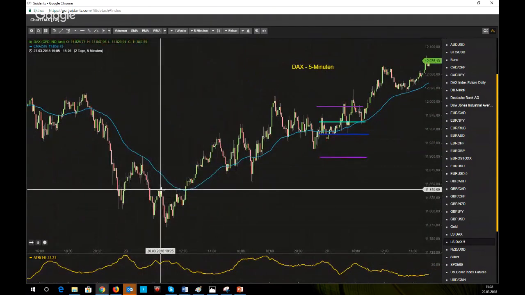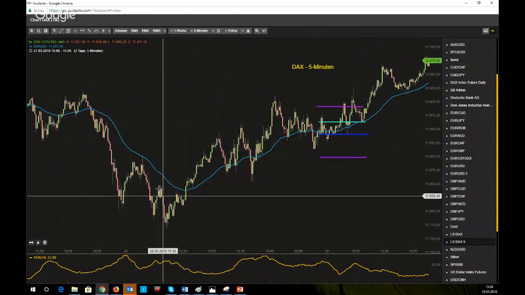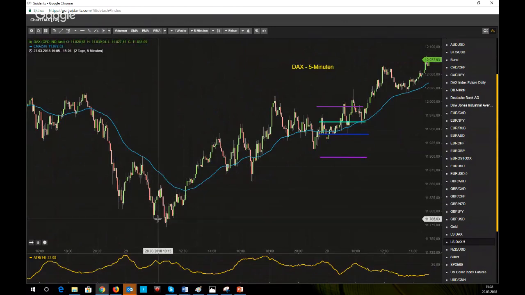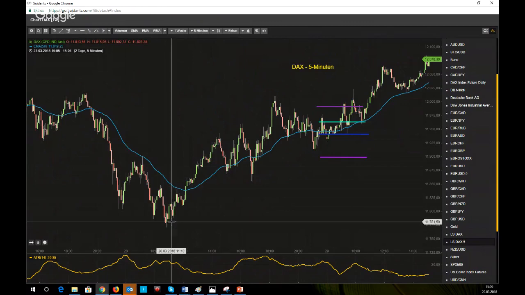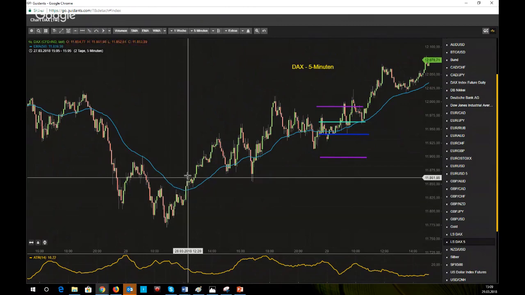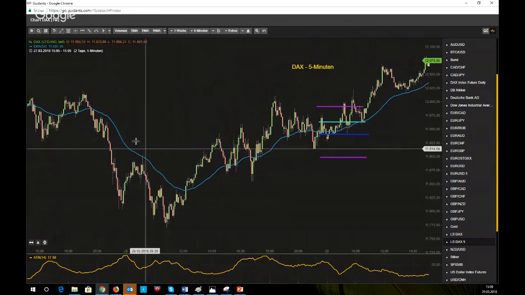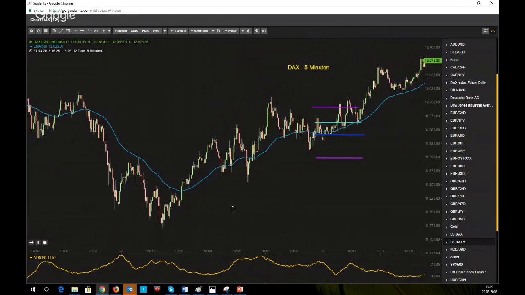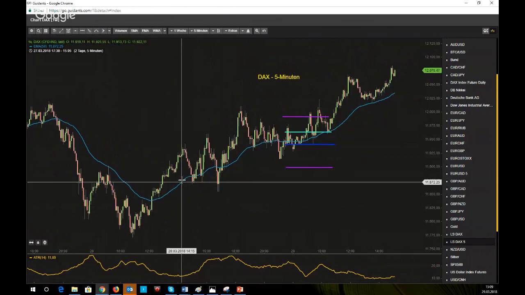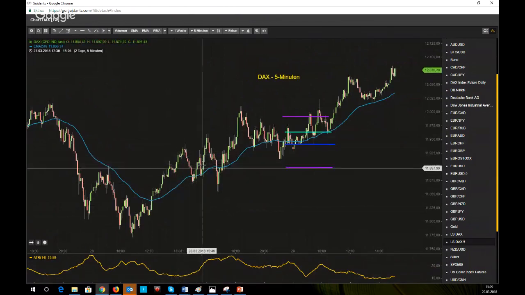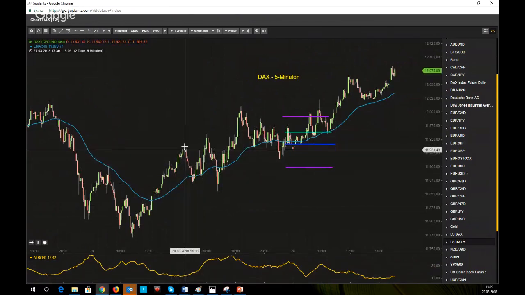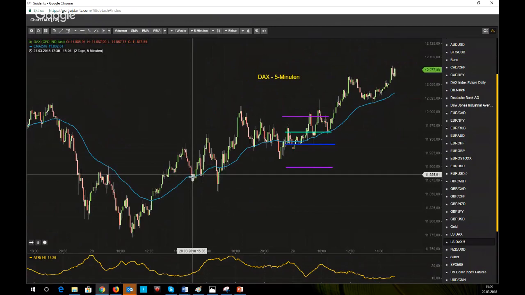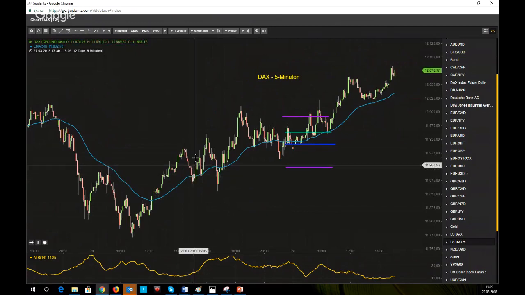I became skeptical once the DAX didn't make it significantly to new lows, and then started to trade higher from there. It made it back above this blue line, the exponential moving average 50 on a 5-minute time frame, and started to trade higher. Until the US market opening, nothing big happened. I was positioned on the long side based on my entry logic, and everything was fine.